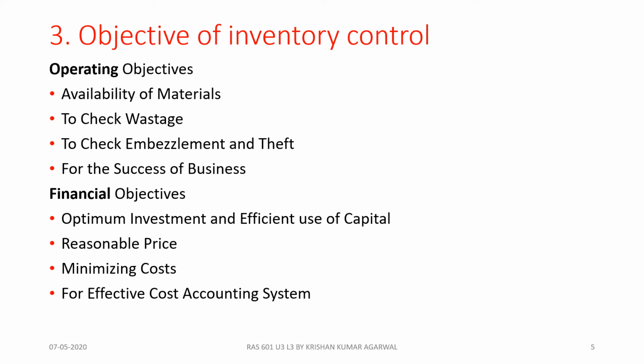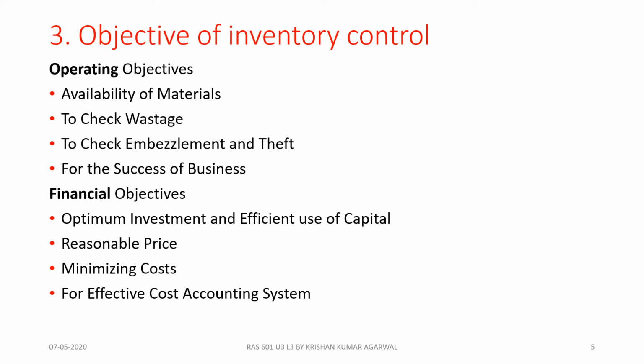Just because the success of business depends on the sale of goods, the sale depends on the manufacturing of goods, and manufacturing is entirely dependent on maintaining the inventory of goods and raw material.